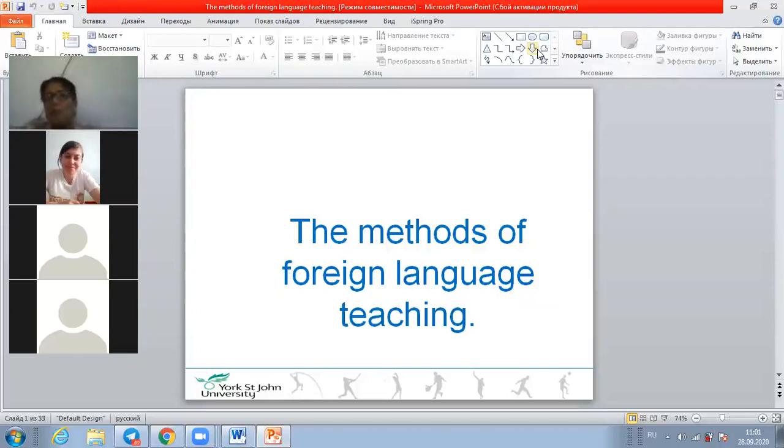Language learners learn and practice the target language through interaction with one another and the instructor, and through the study of authentic texts. What do I mean by this? I mean that in communicative language teaching, students should be able to use the new vocabulary or the information they have learned in their speech in real life situations.